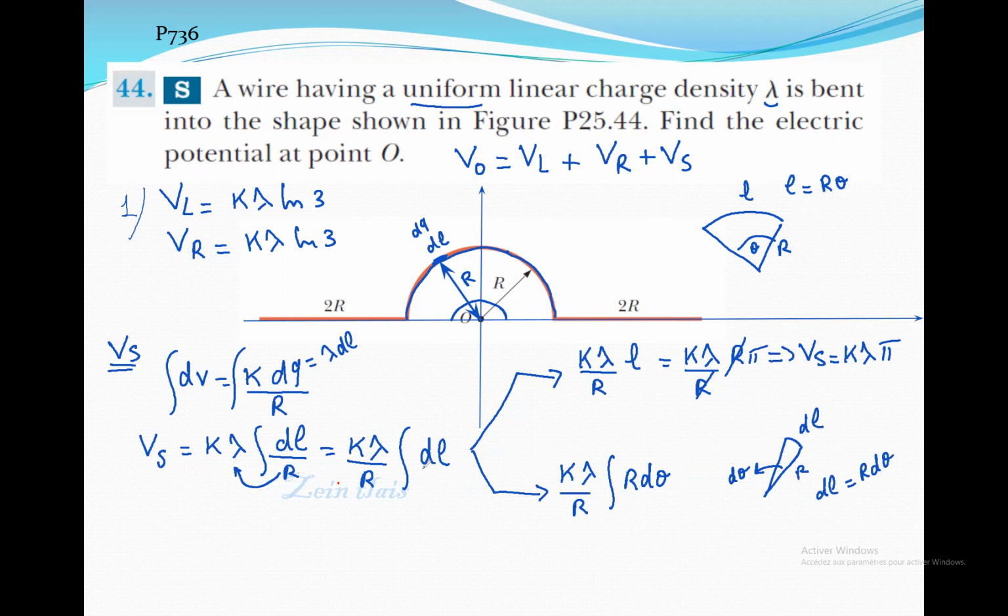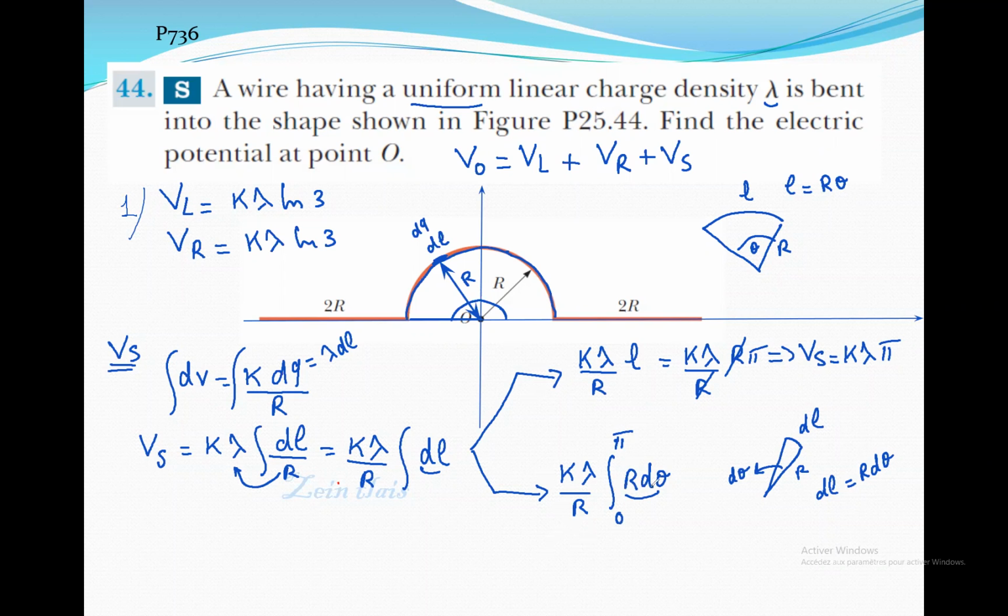So we put dl equals r d theta, and theta between 0 and pi. You know, theta from this point to this point. If you move delta L along the path of the wire here, you have theta between these 2 points. So we have theta between 0 and pi, and pi, not 2 pi, pi.